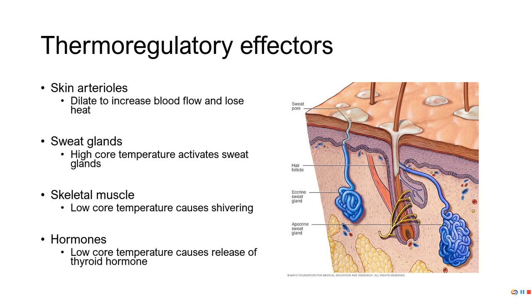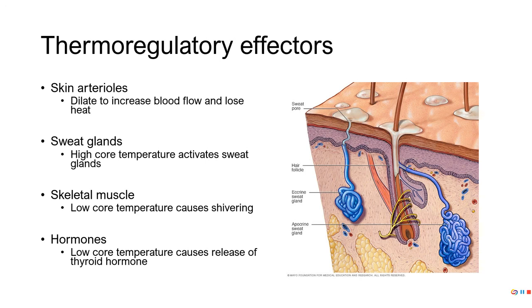Another way we can maintain temperature is skeletal muscle, right? When it gets really cold, which we also experience out here in Terre Haute, we cause shivering. This helps us to maintain temperature. When we get cold, we can also release hormones such as thyroid hormone, and that increases our metabolic rate.